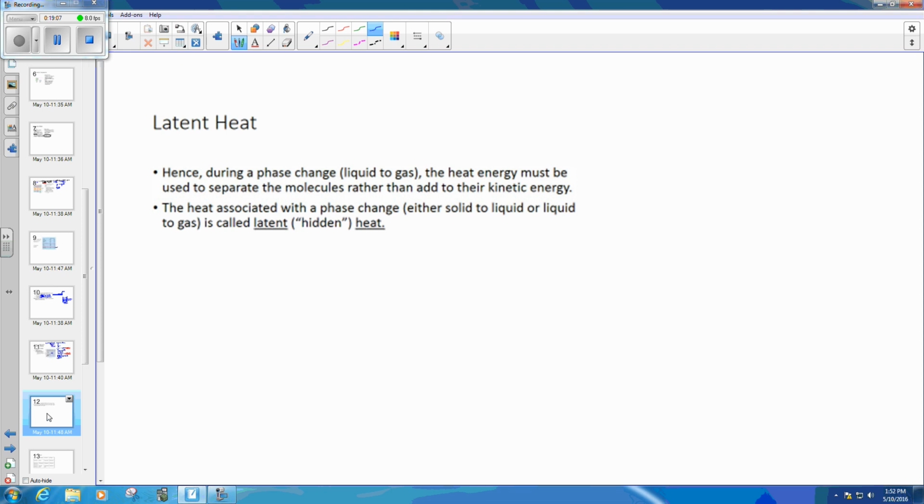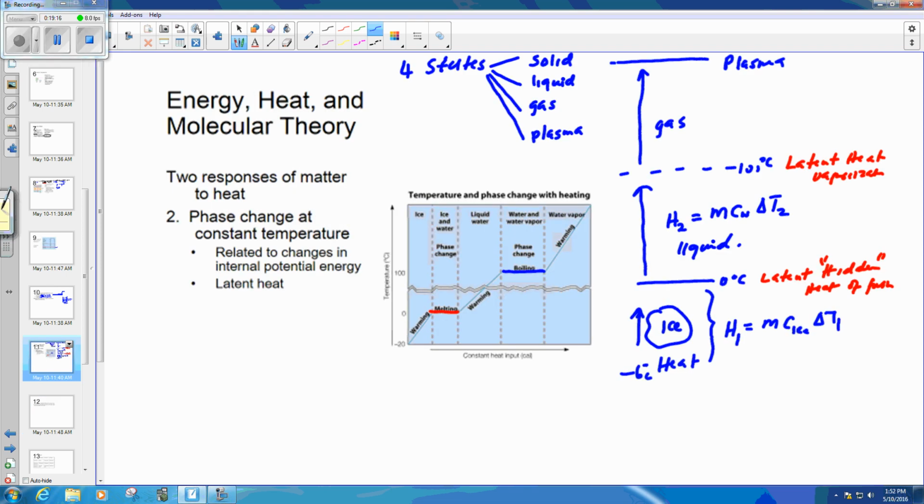If we want to calculate that heat, we find the latent heat is simply equal to the mass of the substance, like ice or water, times the latent heat of fusion or vaporization, depending on where you are. So this is the formula for calculating latent heat. We'll see how we apply this when we look at specific questions.